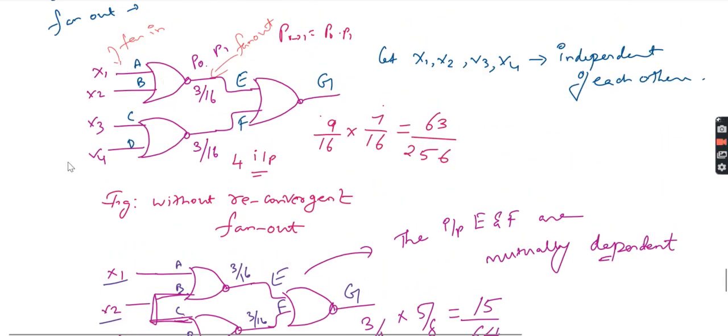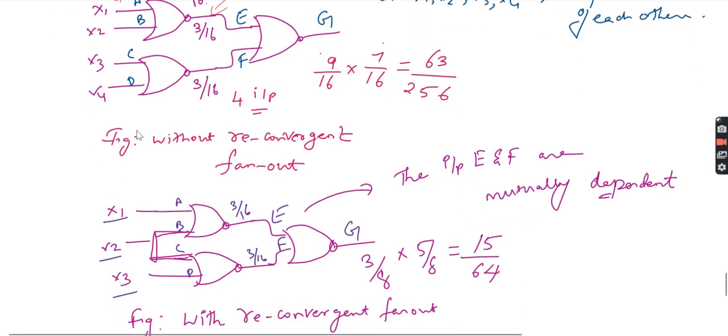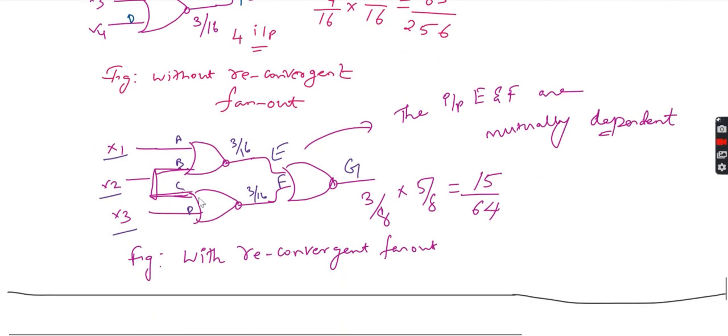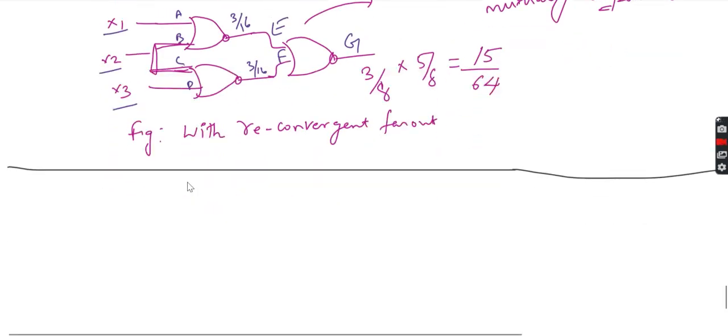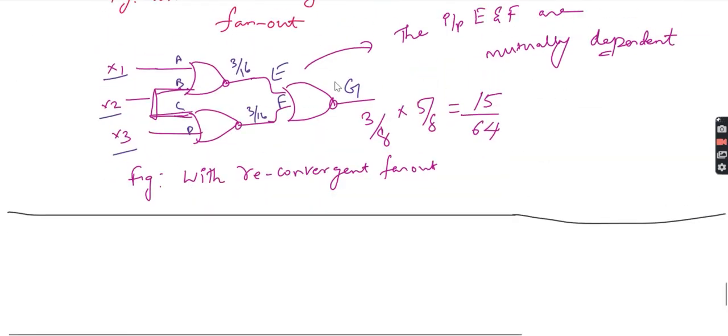Here we have 4 inputs; the gates drive signals, E and F drive another NOR gate, then G gets the same, and the other case is without reconvergence. If B and C are shorted, the inputs will be x1 x2, but here we have 4 inputs. That is what we saw in the previous classes.